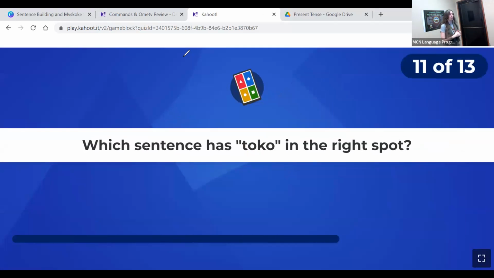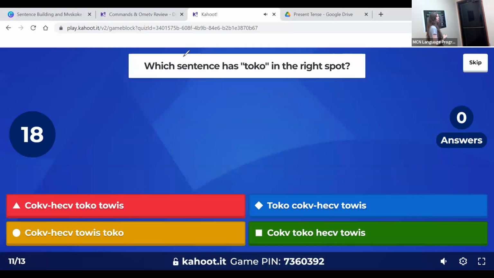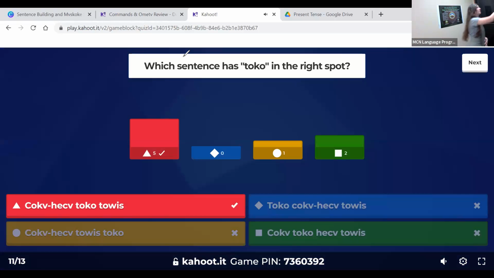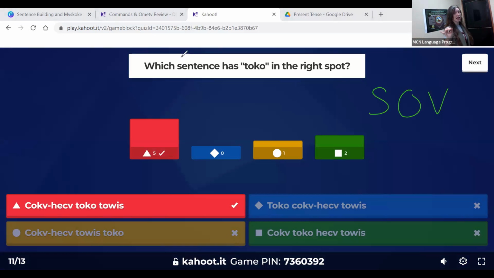Which sentence has dogo in the right spot? Is it joga hija dogo does, dogo joga hija does, joga hija does dogo, or joga dogo hija does? It's like a tongue twister. Nice. So the answer, right? We have to think subject, object, verb. And if you remember from last week, it's always dogo and then omada.